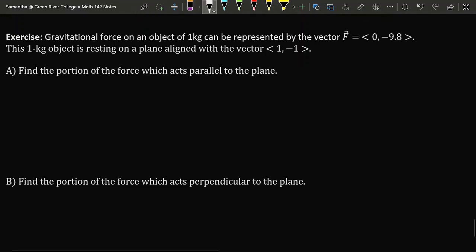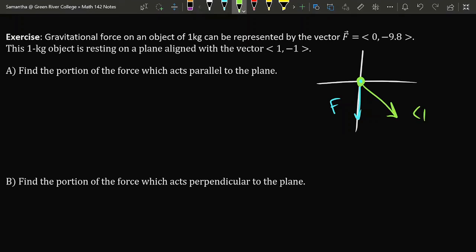So we have gravitational force acting straight downward, and then we have an object resting on a plane, and the slant of the plane is such that it can be represented by the vector that points 1 unit in the positive x direction and 1 unit in the y direction.